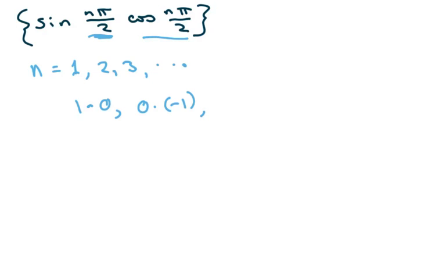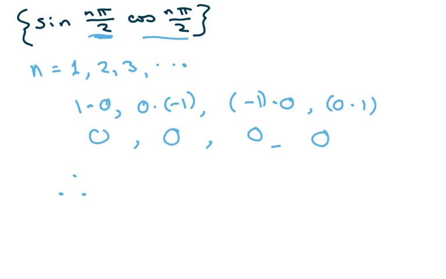When I plug in 3, I get negative 1 times 0. And if I plug in 4, I'm going to get 0 times 1, and it tends to repeat. So this is going to be 0, 0, 0, and 0. Therefore, the sequence converges to 0.